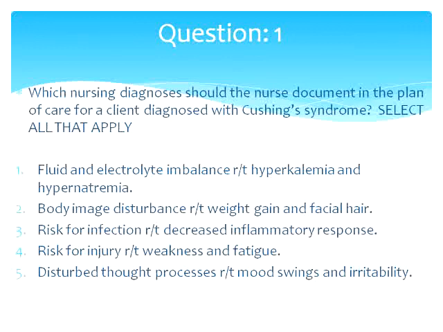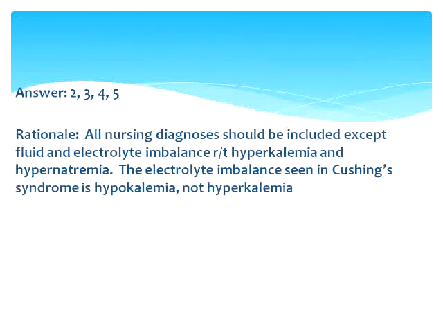Body image disturbance related to weight gain and facial hair. Risk for infection related to decreased inflammatory response. Risk for injury related to weakness and fatigue. Disturbed thought process related to mood swings and irritability.